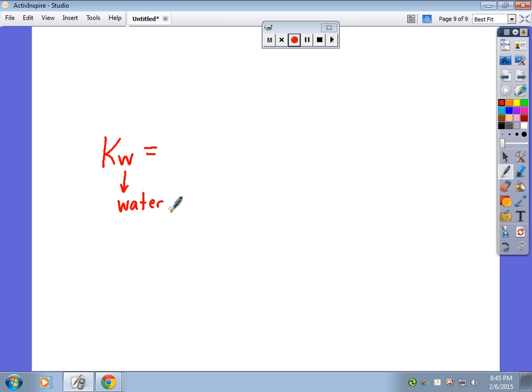And what is the equilibrium in water? Well, if you have water, it can form hydroxide and the hydronium ion. Okay? Whenever you see H3O+, that also really means that you have H+, because it's a water and a hydrogen ion. So that's what this is equal to. So what's in water?